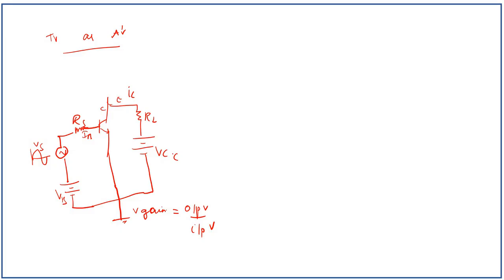Next, when the transistor works as a switch, it should work in cutoff and saturation region. So to work as a switch, the diagram is like this. The emitter is grounded.